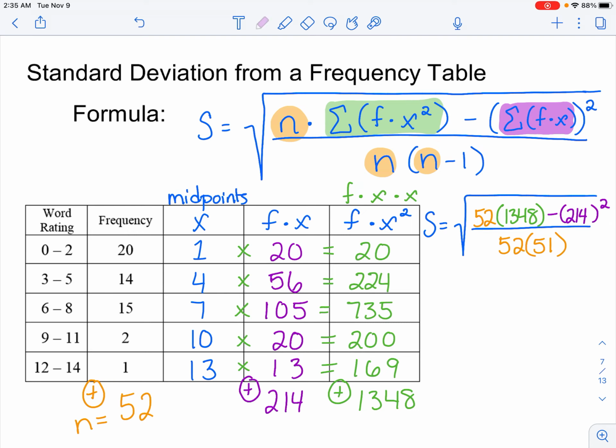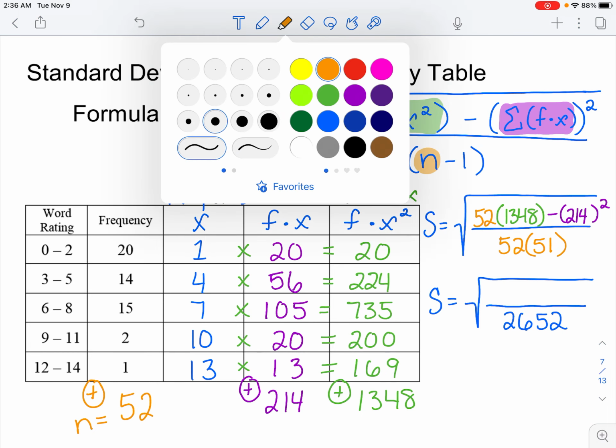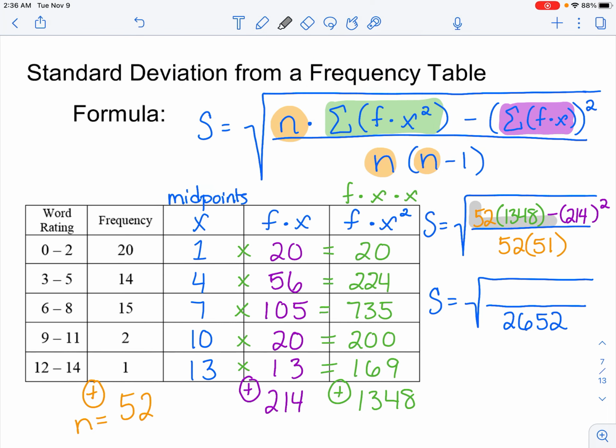Okay. So now the question becomes, how do I type this into a calculator? My recommendation is to continue writing the square root for the next line and figure out your numerator as one number, figure out your denominator as one number. So focusing on the denominator, 52 times 51 on a calculator is 2,652. And then for this piece up top, you can type it into a calculator exactly the way you see it.